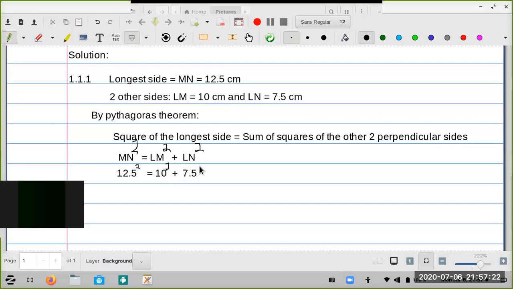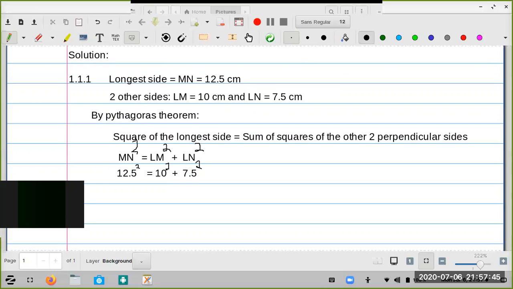Now, since I am to prove or to show that the triangle is either right angled or not right angled, I'm not going to transpose anything. Remember I said if the triangle is a right angled triangle, it will satisfy Pythagoras theorem.